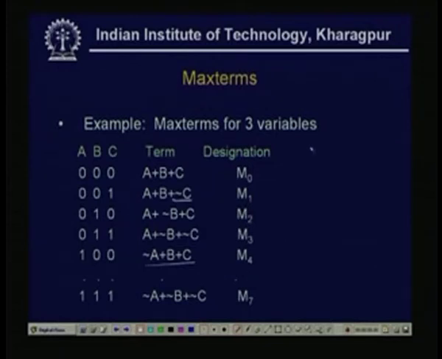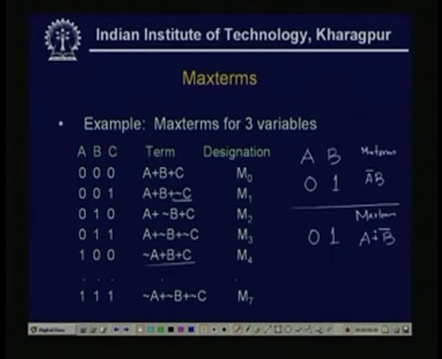See, if I take two values A and B, where A is taking 0 and B is 1, for the min term, what will be my min term? 0 means it will be A bar, and this is B. Now, again, if my AB is 0 1 and I consider the max term, then according to this convention, it will be A plus B bar.